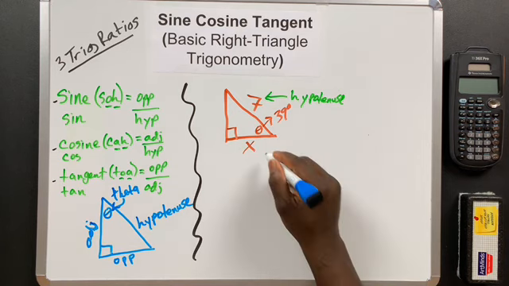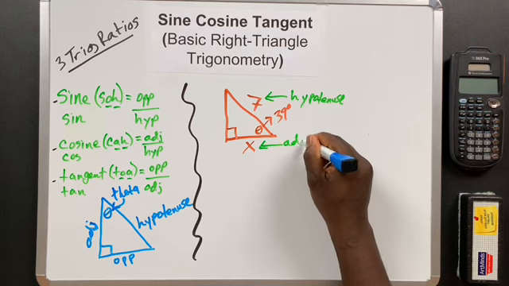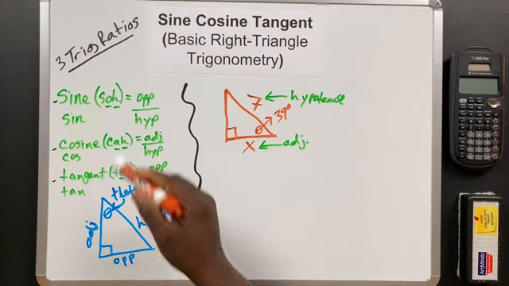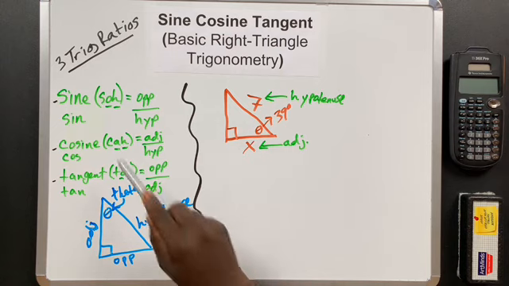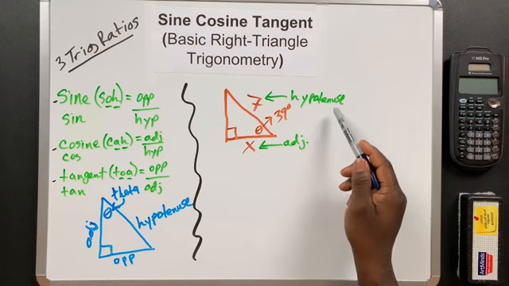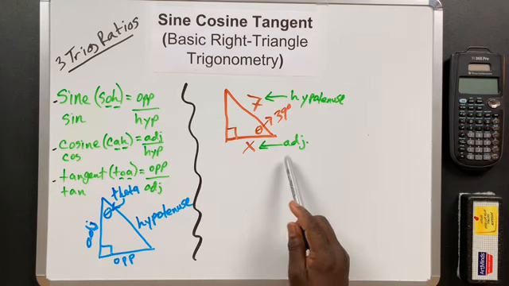Adjacent means next to. So this is adjacent. Now, look over here and see you have sine, cosine, and tangent. We're given the length of the hypotenuse, and x for the adjacent.